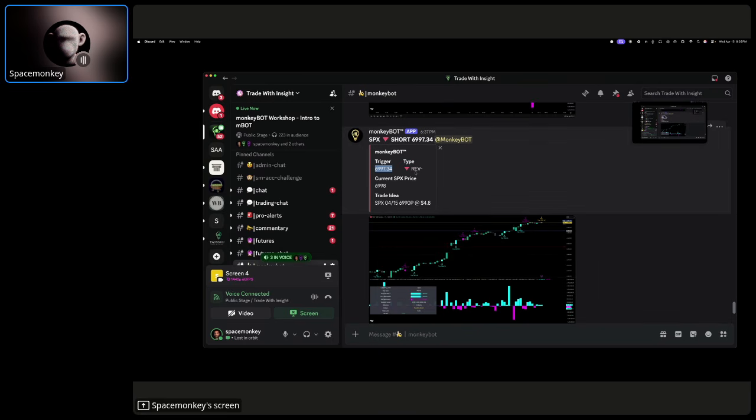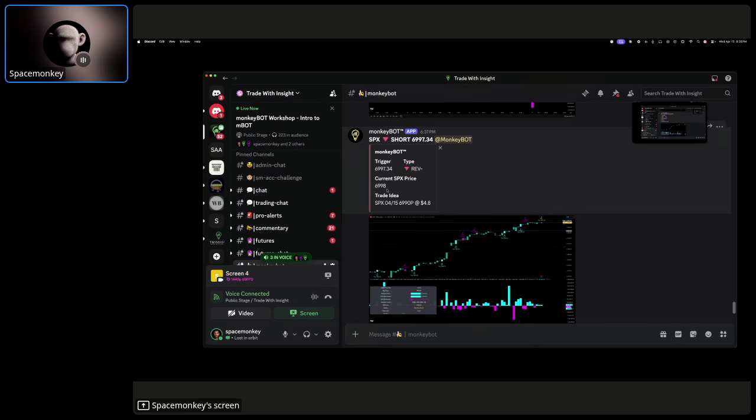The type just tells you if it's a reversal, expansion, or Momo, which we talked about too. And then the current SPX price. There is a slight lag, as you can see, 6997.34 versus the current price, 6998. This slight lag is not often there, but sometimes it is. It all depends; sometimes you have fast moves due to news, and you have this huge candle.